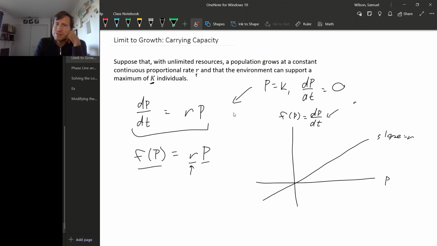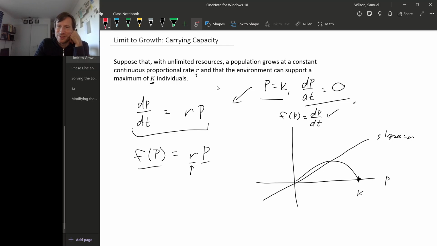So what we need to do is modify this so that somehow this graph gets back down to 0 when we reach population k, right? When the population is k, we want the rate of change to be 0 again. So it needs to come back down to 0.